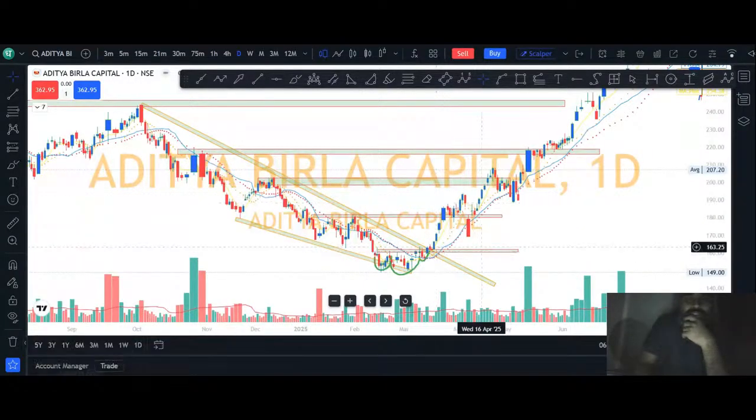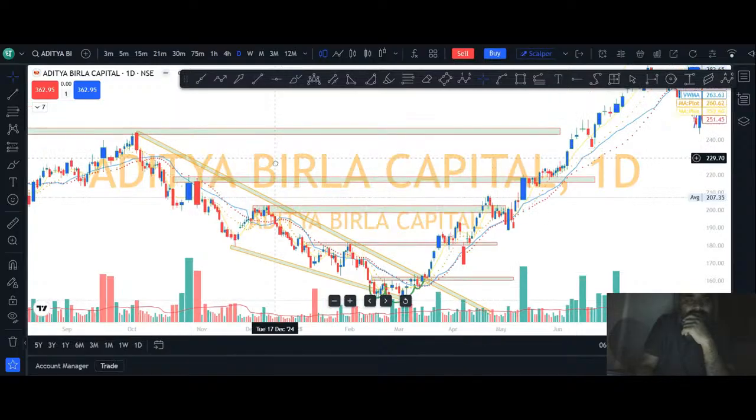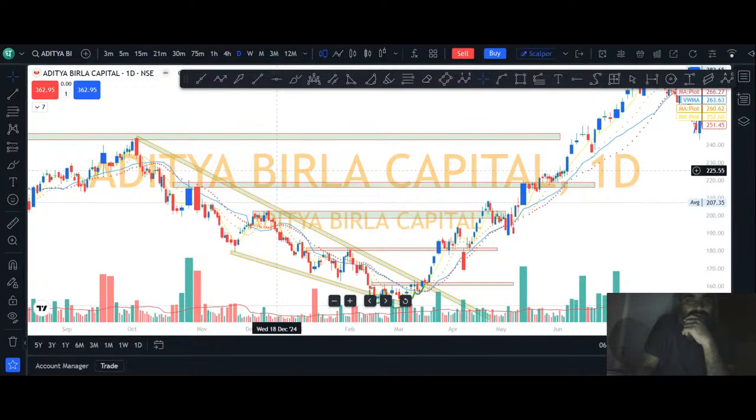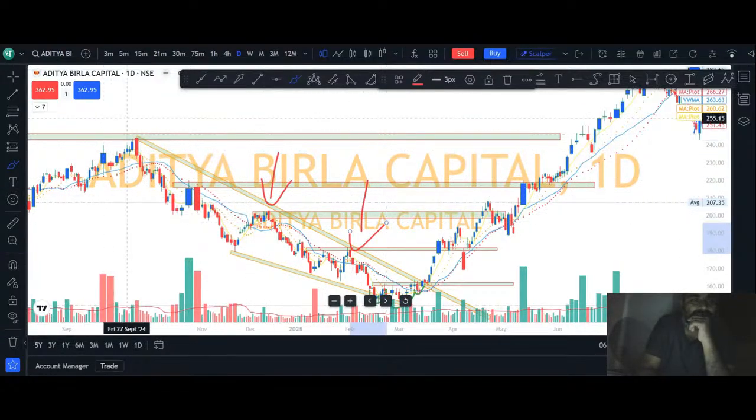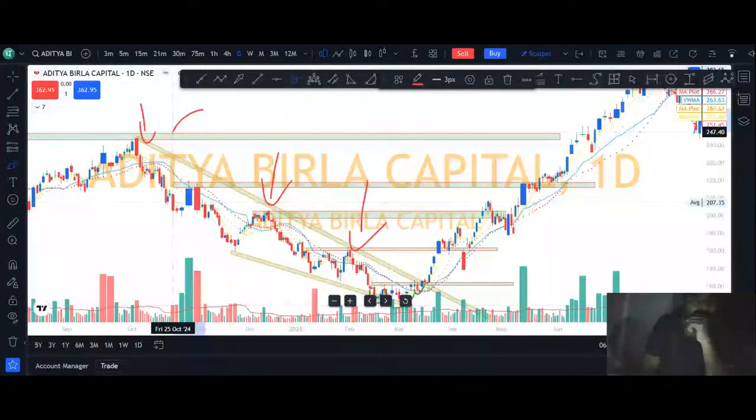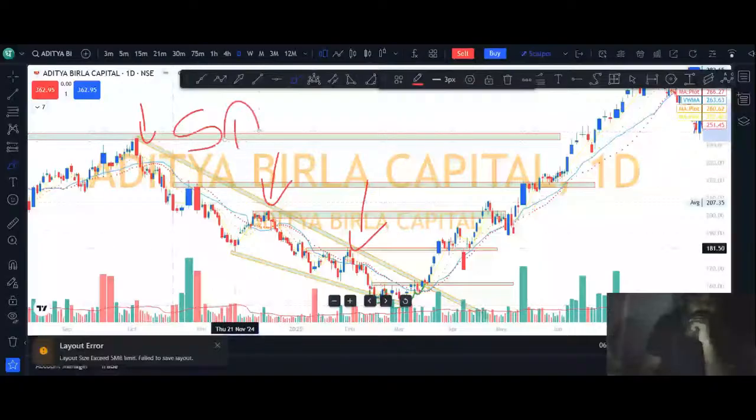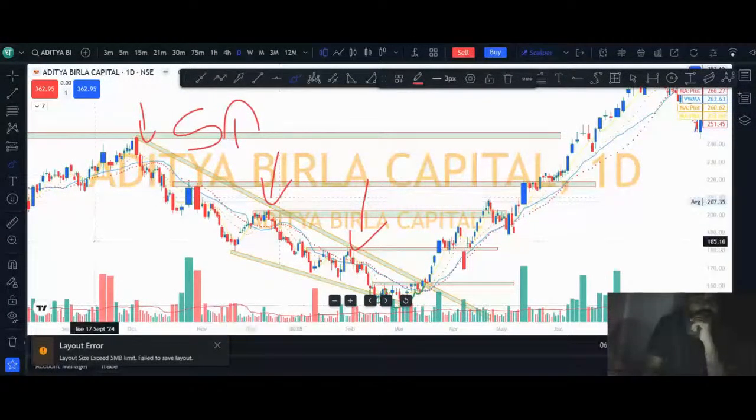This is the breakout retest, means whenever the price comes to this level, right? They are aggressively selling because at this level the supply is increasing, but the demand is decreasing at this place, right?